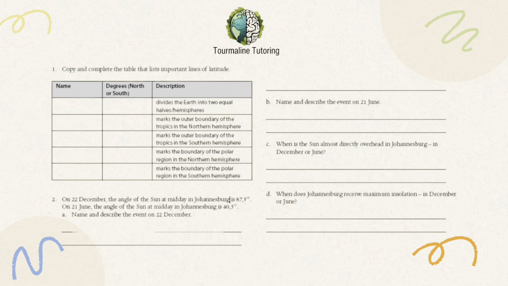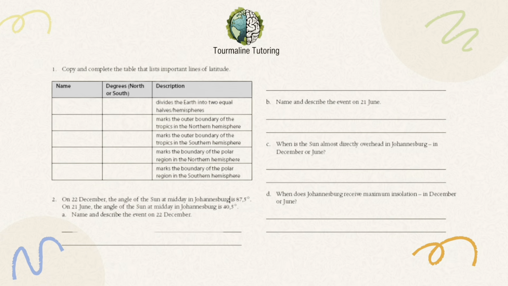Question 1 asks us to copy and complete the table that lists the important lines of latitude. Honestly, here I cannot explain it much because the description is already given. The first answer would be the equator, and it's located 0 degrees north and south. The second answer is the Tropic of Cancer, which is located 23.5 degrees north.